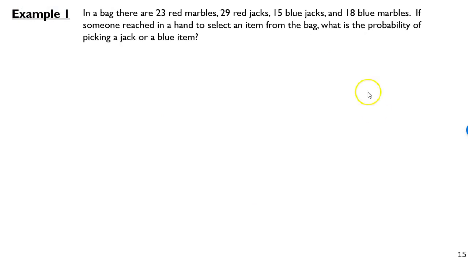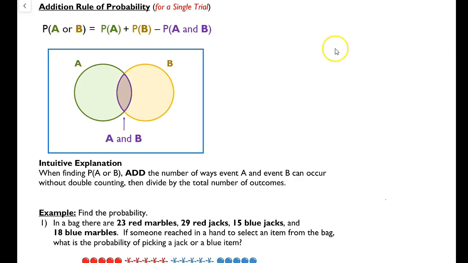So let's look at this example here. Actually, let's go back to this. And I want to, again, re-emphasize something that's very important. The addition rule applies to OR probabilities for when you have a single trial. So remember that. Whenever you see the word OR when it comes to probability, associate it with the addition rule. Addition rule, again, OR for a single trial.